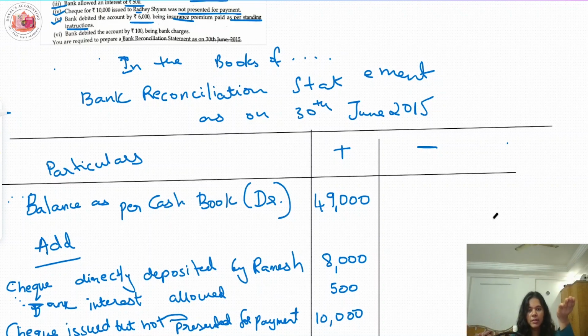See, this is my passbook and my cash book. From my passbook, 6,000 has been deducted as per my standing instruction that I have given to the bank. Now, this I don't know in my cash book. So, if I want to equalize the two, what do I do? I'll have to bring my cash book balance down to equalize it.